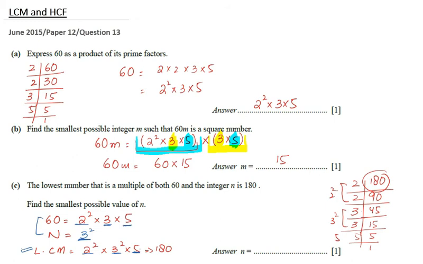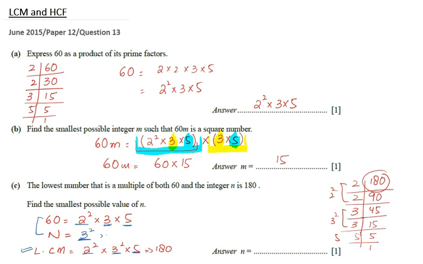Here we can also have 5, we can have 2 as well, or 2 square as well, but as they are asking to find the smallest possible value of n, in that case we will take only 3 square here. If they ask us to find the largest possible value of n, then in n we will take 3 square, 2 square and 5 also.